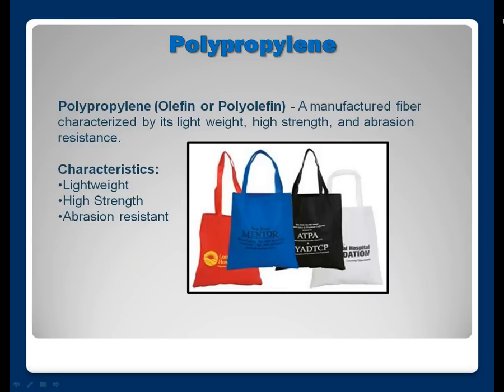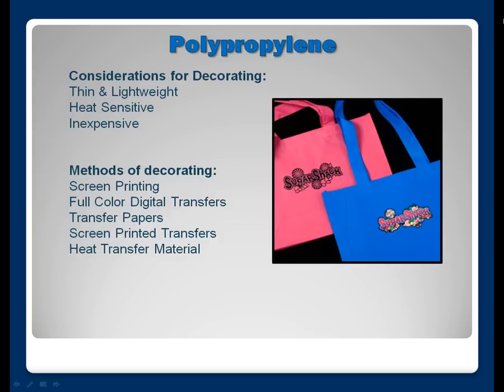Something like this is where you're going to be decorating a polypropylene bag, or reusable bag as they're known. You're going to look at screen printing, full color digital transfers and transfer papers, as well as heat transfer material.